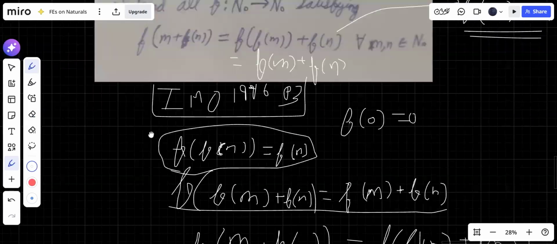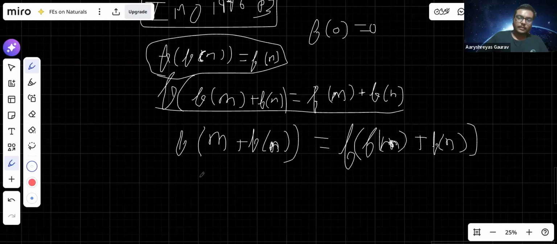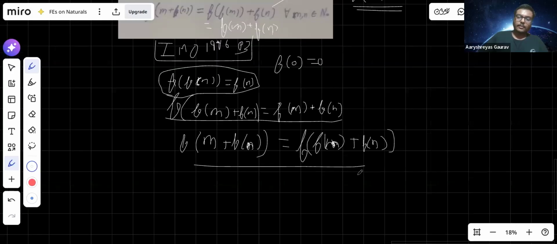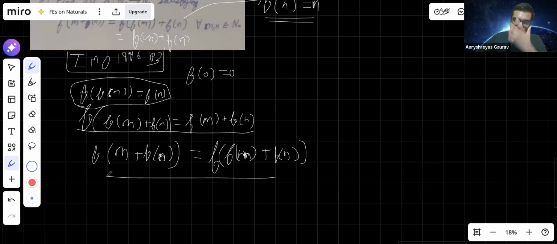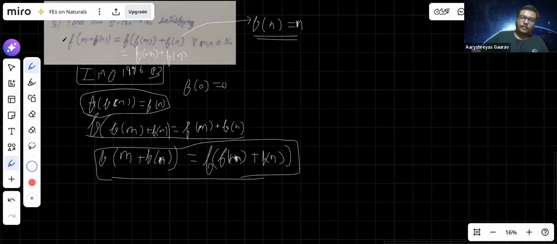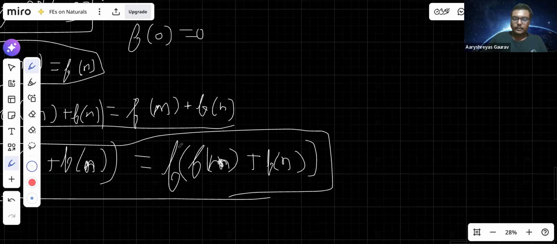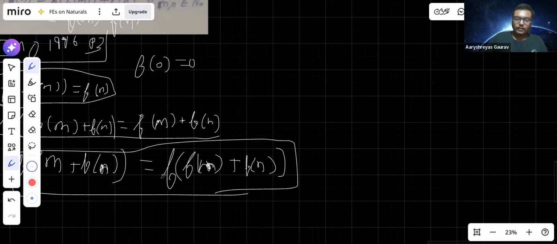That gives us this thing that I've written: f of n is equal to f of n. That means if I put an f in here, then the same thing will appear. This and this thing, f of m plus f of n, will get inside f, right?